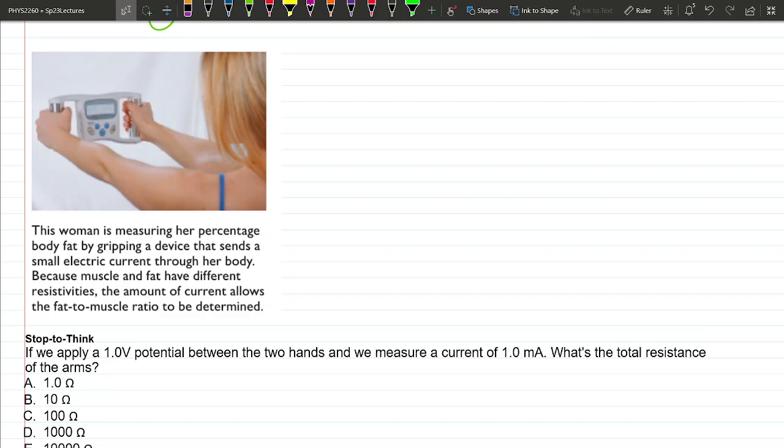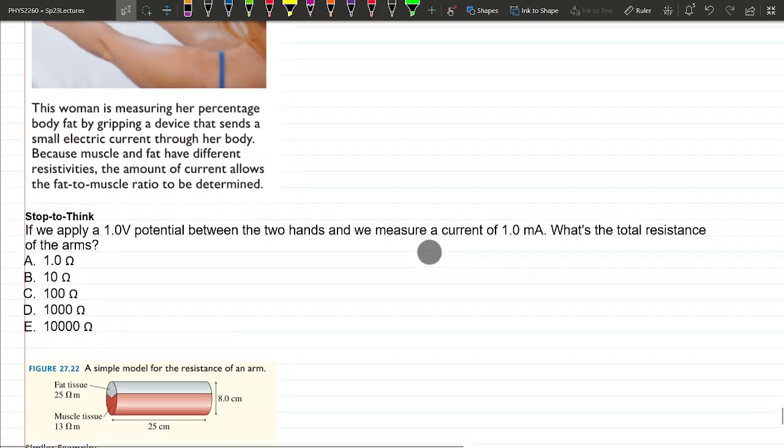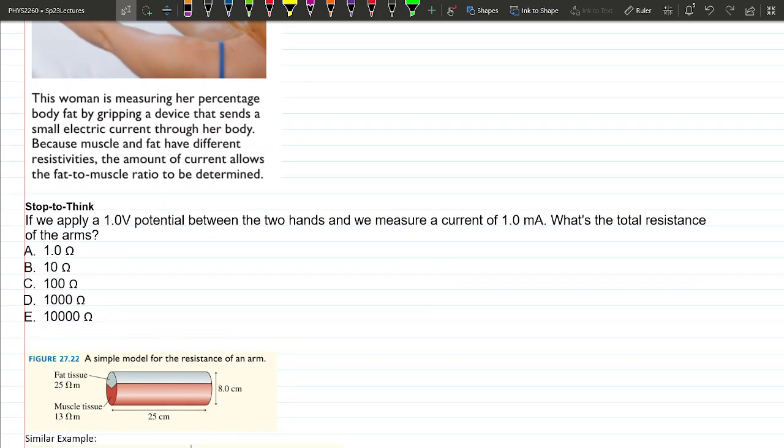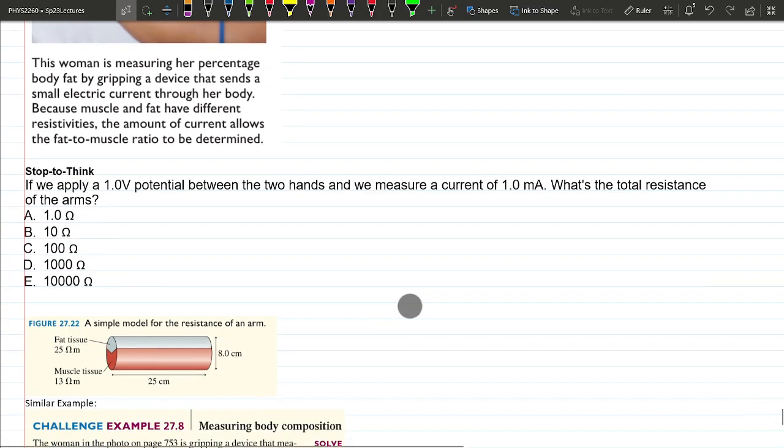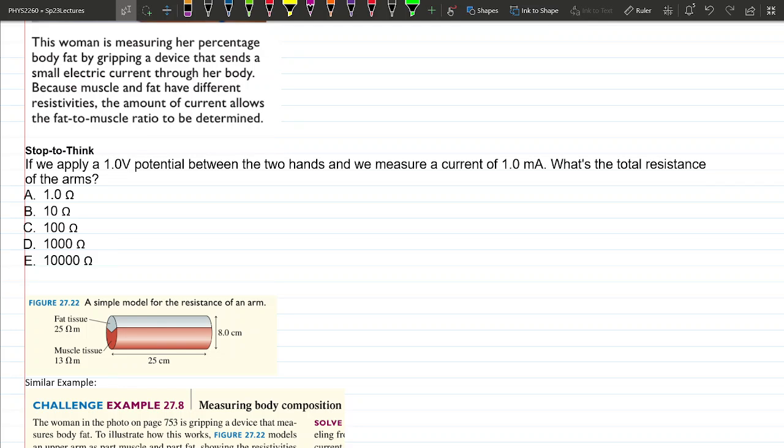I think fatty tissues have less resistance than muscles. No, actually it's the other way: muscles have less resistance compared to fatty tissues. So by measuring someone's resistance, you can figure out what fraction of their body is made of fat. That's one thing I didn't know. I've had these devices since I was growing up, but never knew how they actually work.